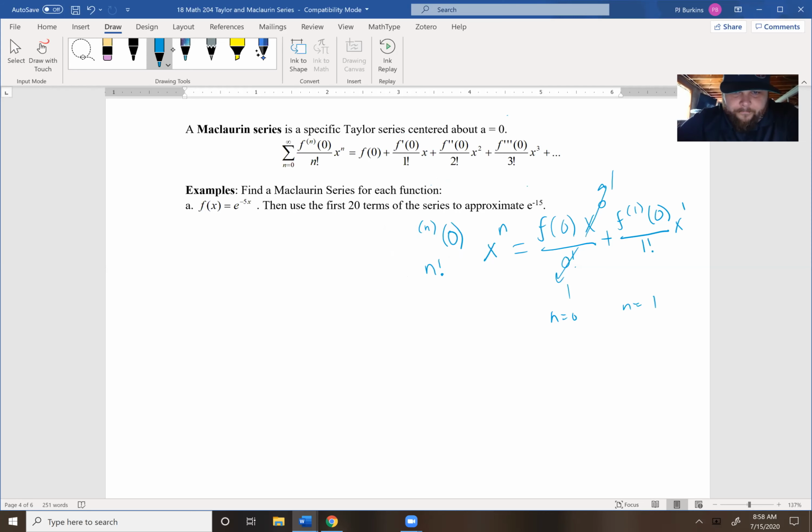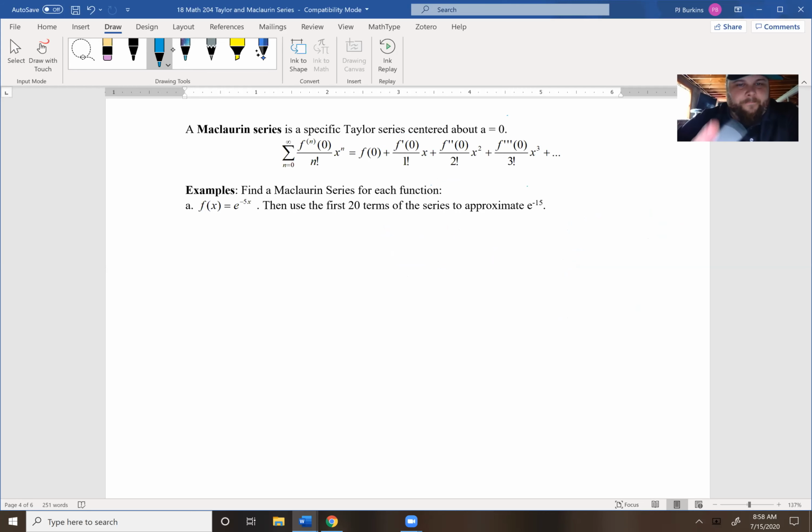So how do we actually use this form? Well, we start with a function, and we're asked to create the power series for it. So here's a function, f of x equals e to the minus 5x. In order to write out the terms, I need the derivatives.